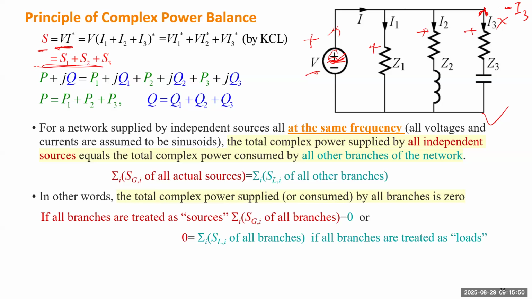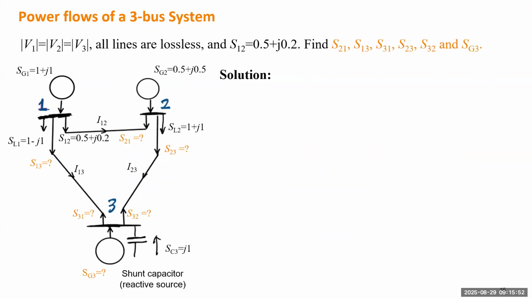Next, we want to apply this complex power balance principle to calculate power flow for this very simple circuit. In session 6, when we talk about power flow analysis, we'll revisit this circuit in a more general setup.